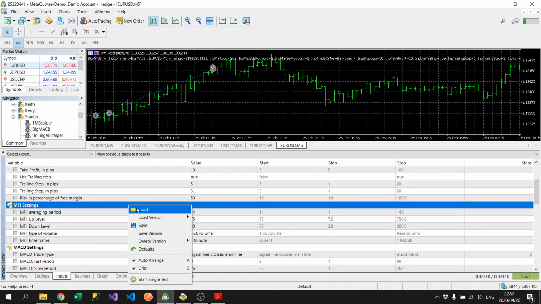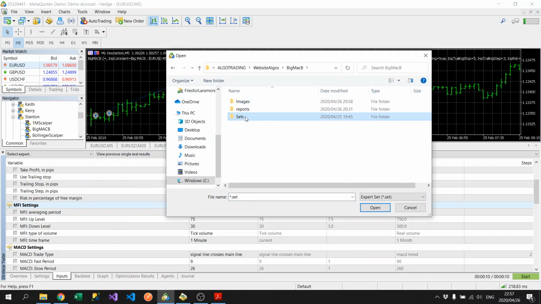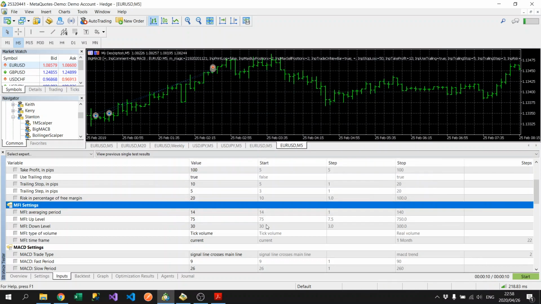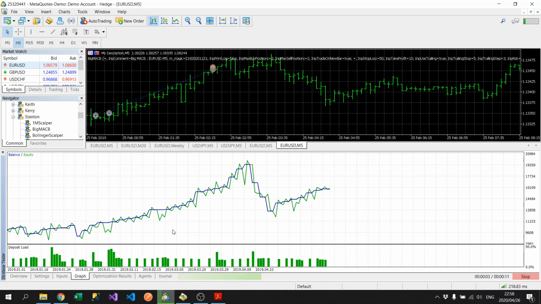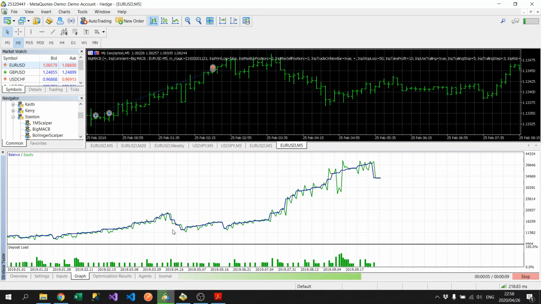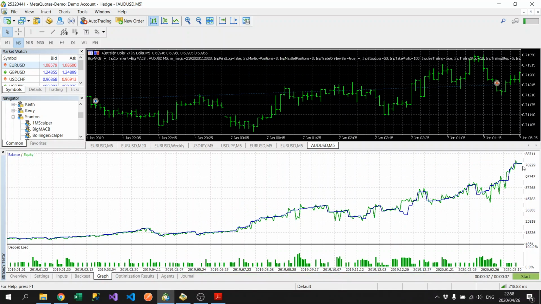I'm just going to load the Aussie USD set. This is the default set for the pair, and you can see also fairly profitable with about 780% per annum.